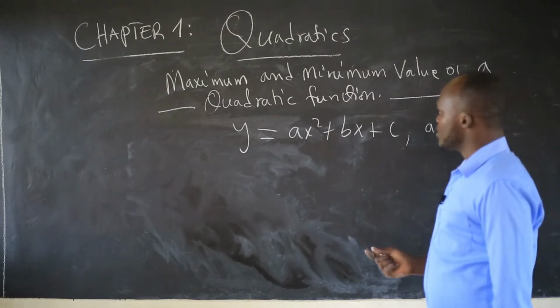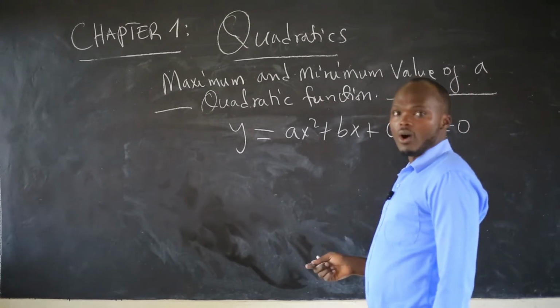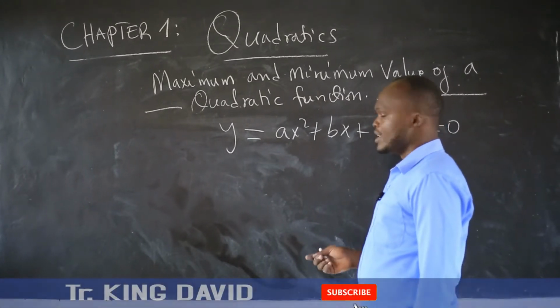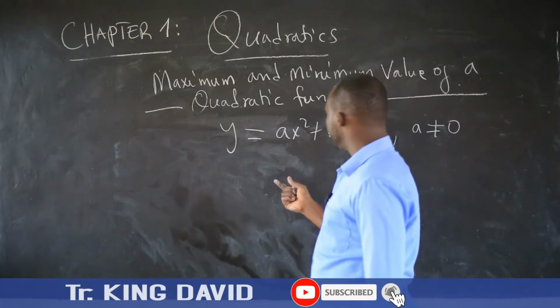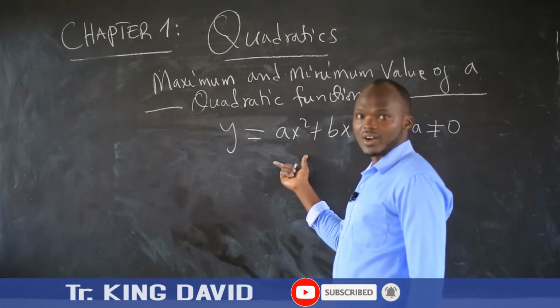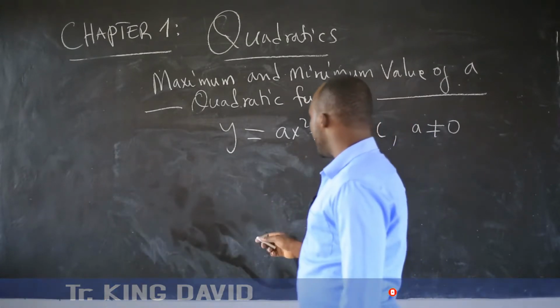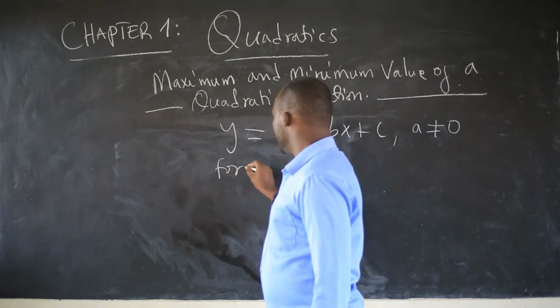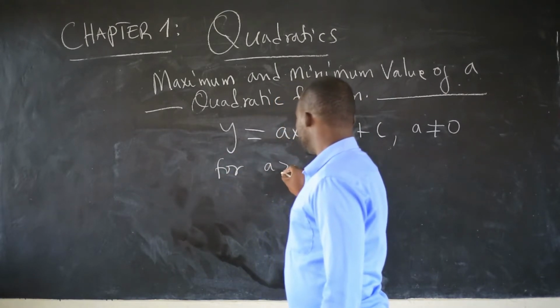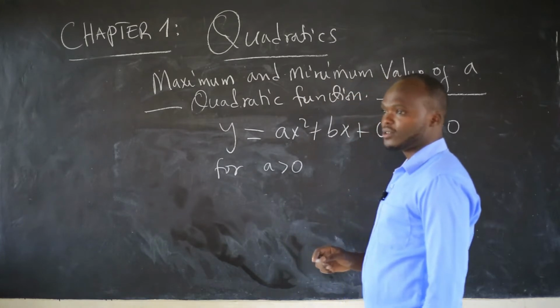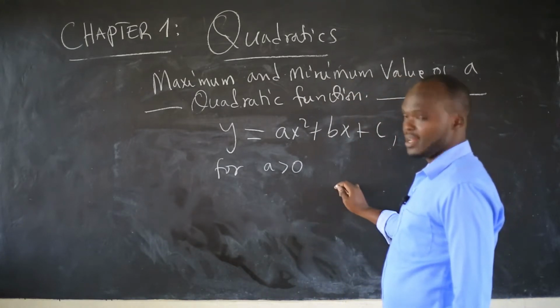So now, we're going to see how you can get a maximum or a minimum point. The curve of this quadratic function we call a parabola. When a is greater than 0, we have what we call a minimum point.